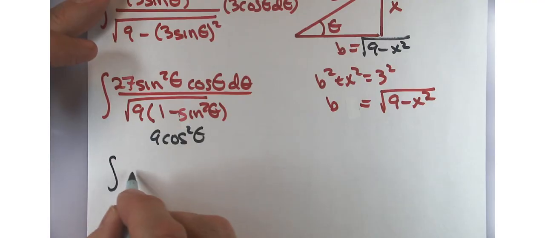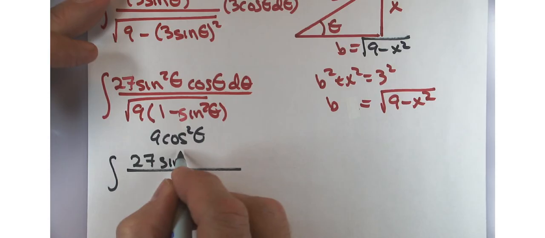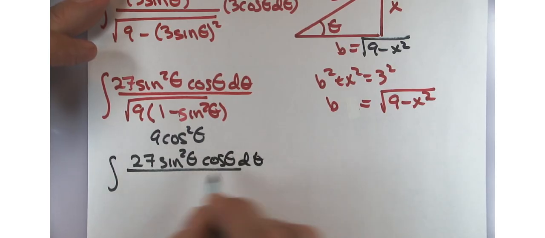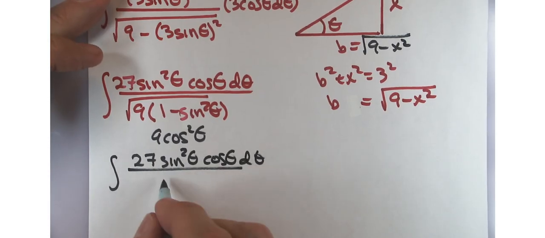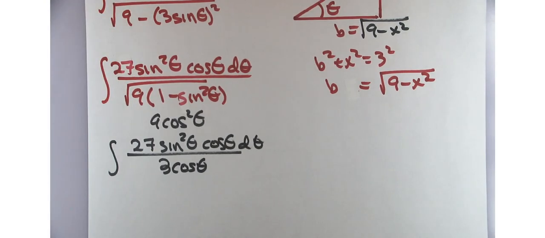So 27 sine squared of theta cosine of theta d theta over 3 cosine of theta. Whew. And wow, that thing actually is going to work out okay. How's it going to work out okay?